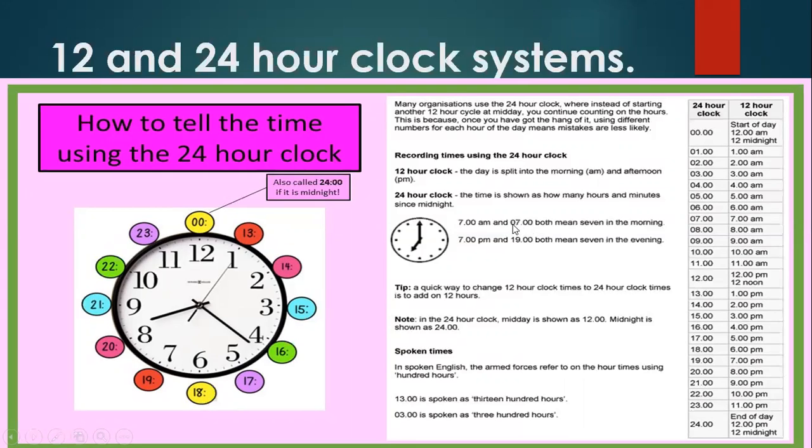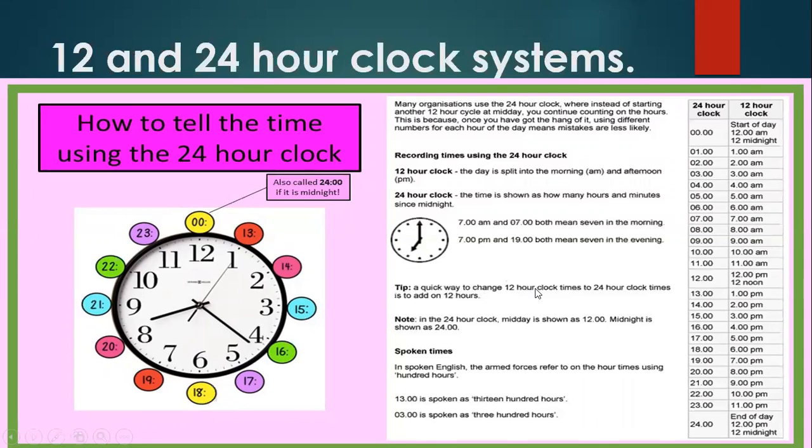You can just call it 0700 hours or 700 hours, both mean 7 in the morning. 7 PM is 1900 hours, which means 7 in the evening. So don't confuse: when you're writing time in 24-hour clock system, there is no AM or PM. You just count the time that has passed since midnight.